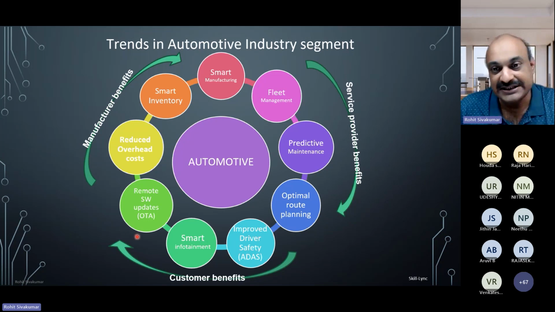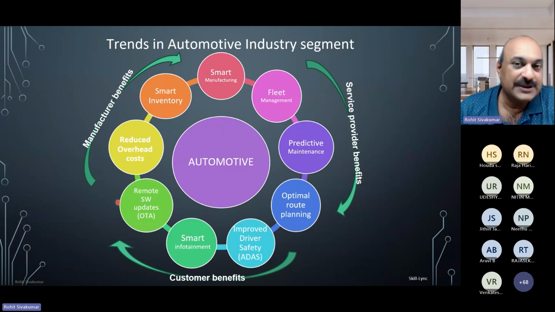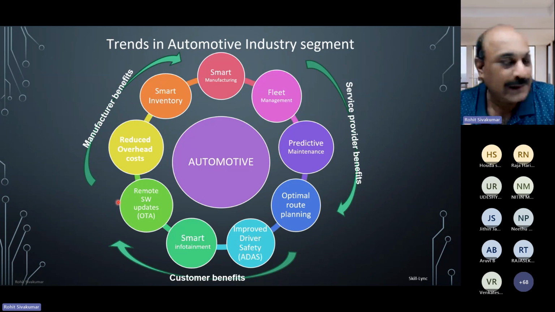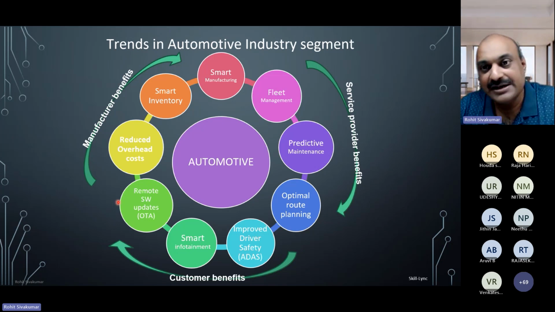And for the customer, it's easy because he's not having to take out time to get his car to the service center. A lot of things get automated by the OTA updates. So a lot of fixes that keep coming because of glitches in the system, say the battery charging system, or the engine ECU, get immediately fixed, whether it's braking or any of those safety parameters. So this trend is helping the entire ecosystem, ranging from manufacturers to service providers to the customers.